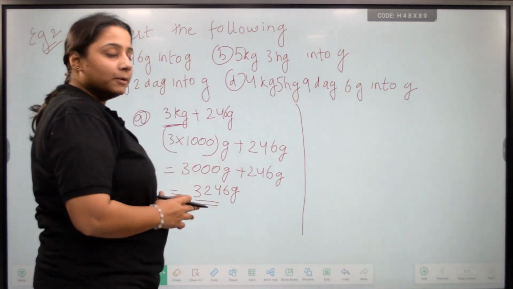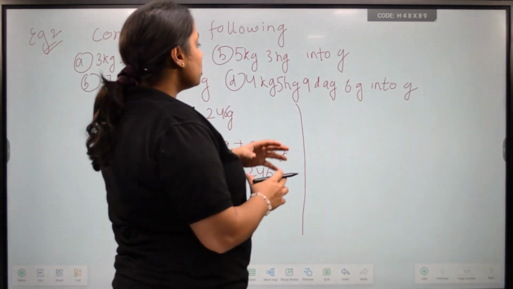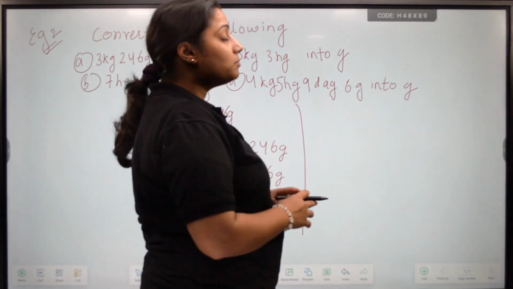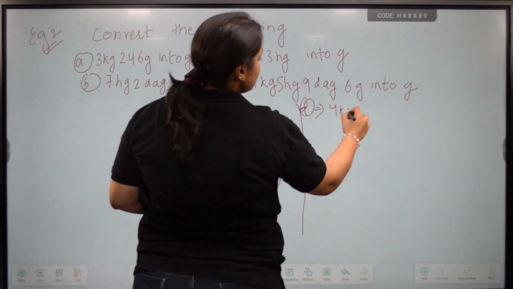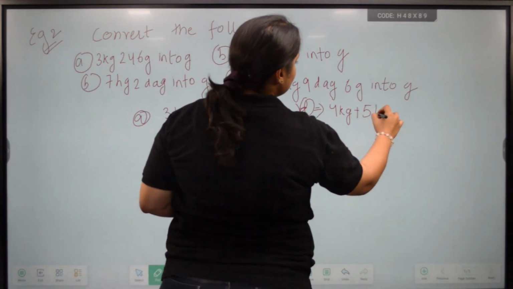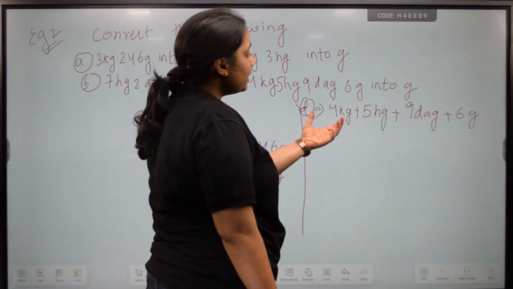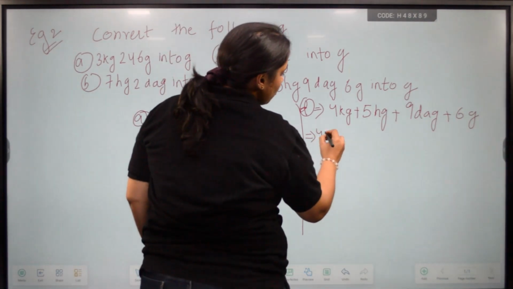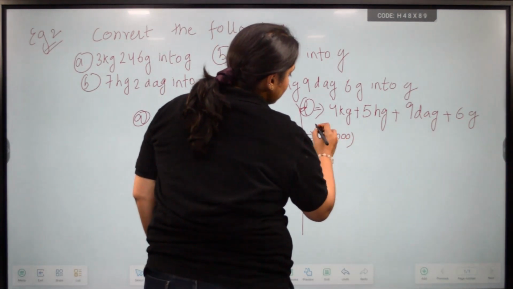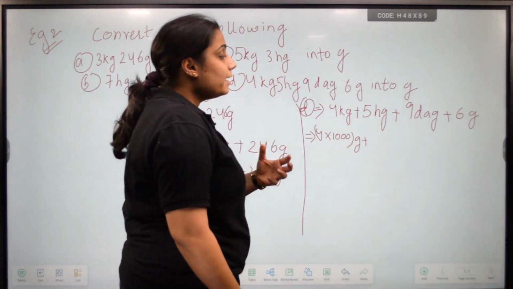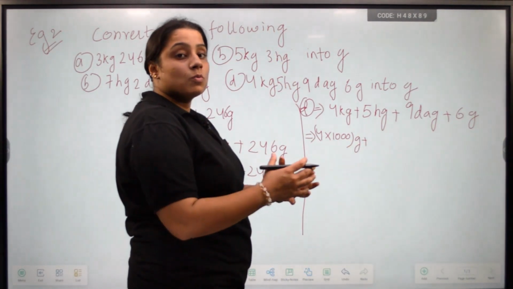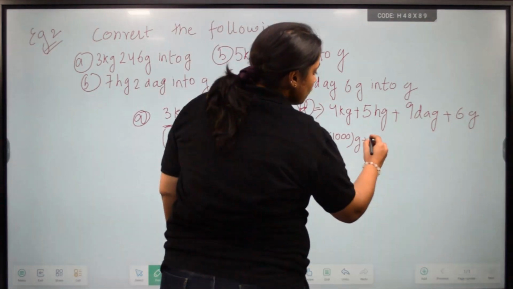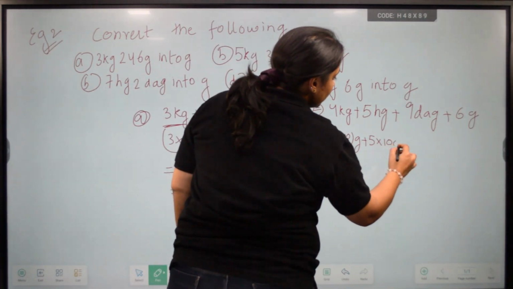Let's see part D. It is 4 kg 5 hectogram 9 decagram 6 grams into grams. 4 kg plus 5 hectogram. As we know that 1 kg is equal to 1000 grams, we will write it as 4 into 1000 grams. And 1 hectogram is equal to 100 grams, so 5 will be multiplied by 100.